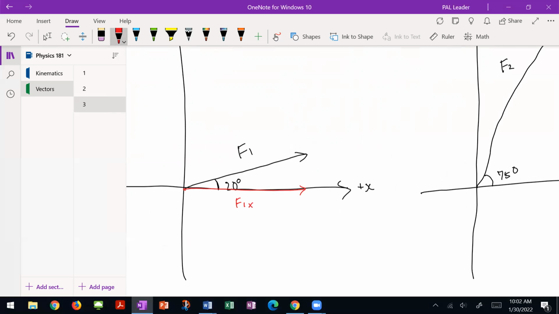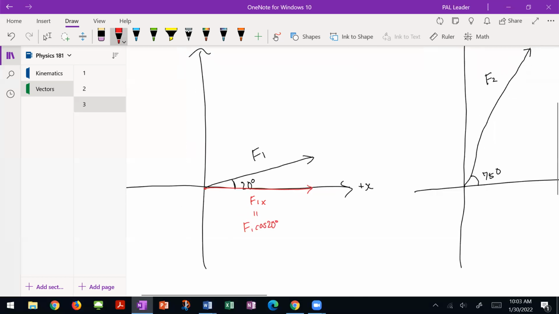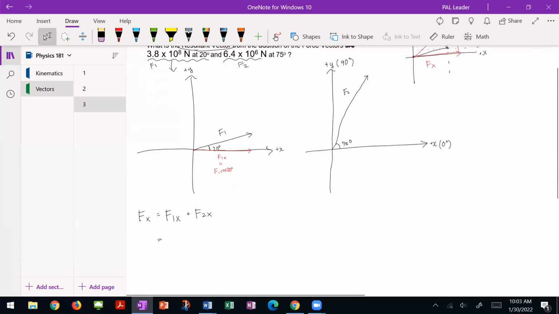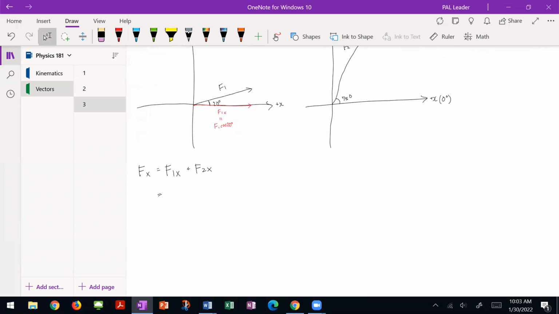Can you guys understand that that'd be cosine? Can I just say F1 cosine 20? If that doesn't make sense, you should go to vectors number 2. I think I explained it a little more deeply there. So that would be our F1x, right?